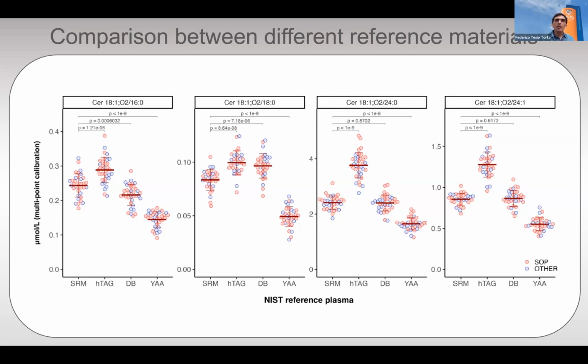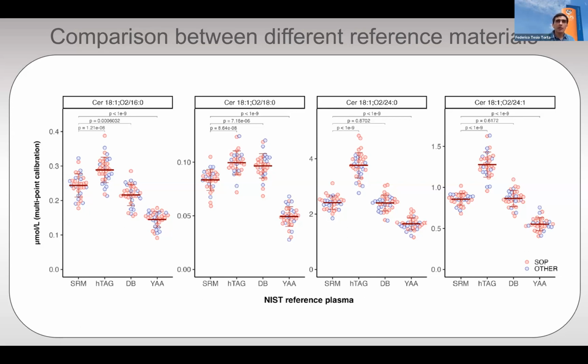The one we used here is a package of 3 pooled human plasma materials, as I said, from diabetic, high TG, and young African American donors. And this, I think, is a good reference for this kind of studies.